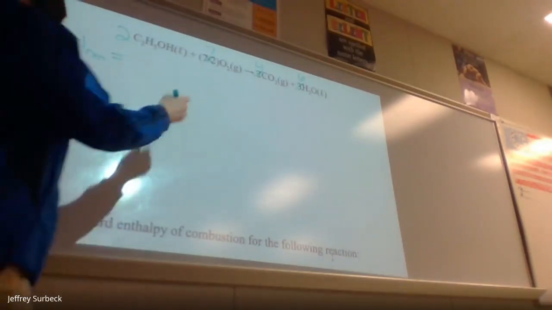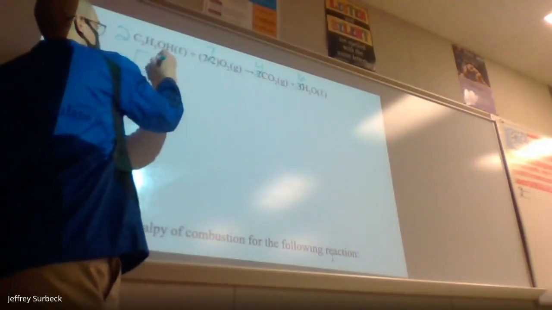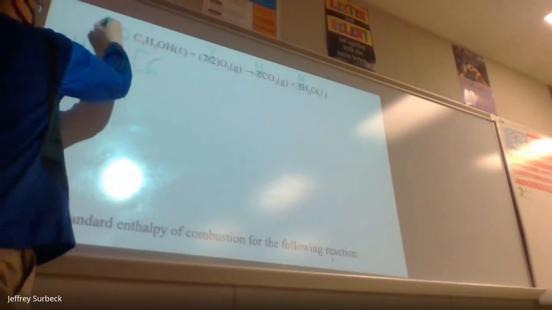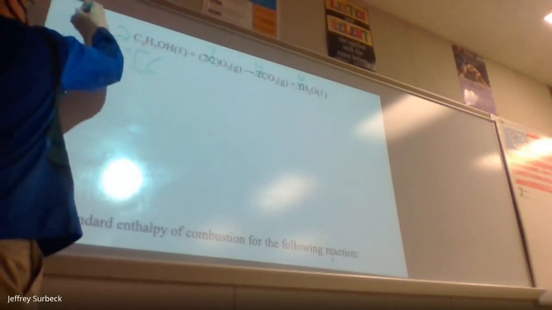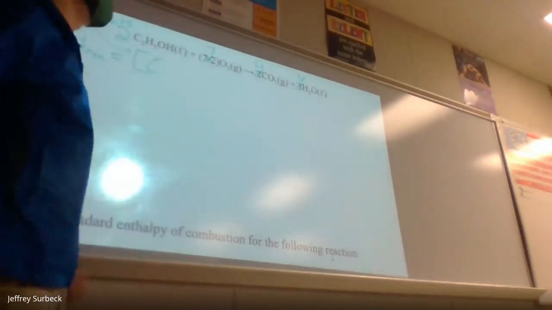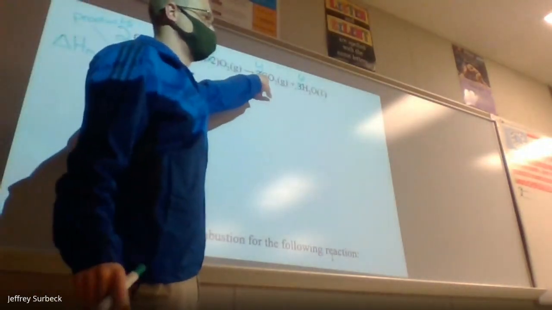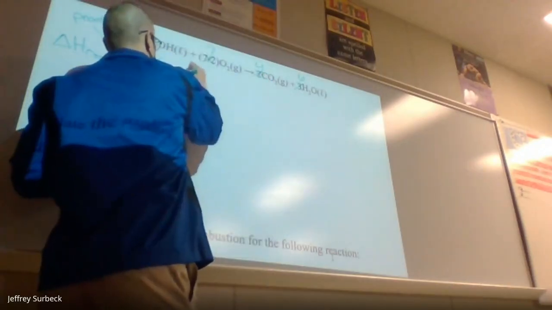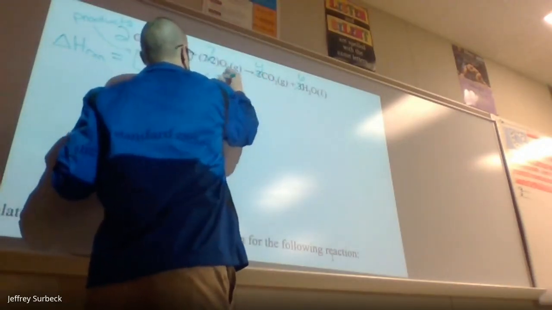So we start out with everything that the products have to offer, with a bracket to represent we're dealing with those products. And then, I'll need you guys for this. How many moles now of CO2 do we have? 4. Okay. We have 4 moles of CO2.